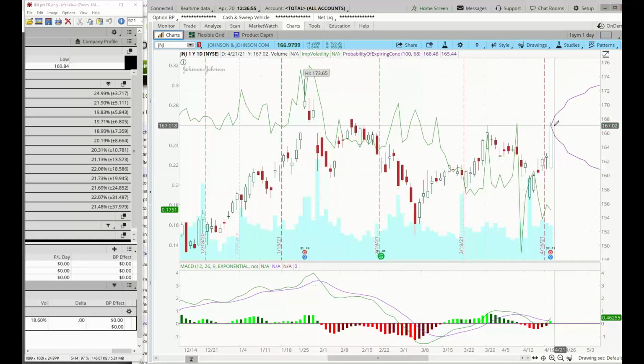Earnings, obviously, as we all know, has a dramatic effect on stock prices, right? And of course options being a derivative, therefore a leveraged derivative, very strong impact also on options premiums. So anyway, there's the price chart.